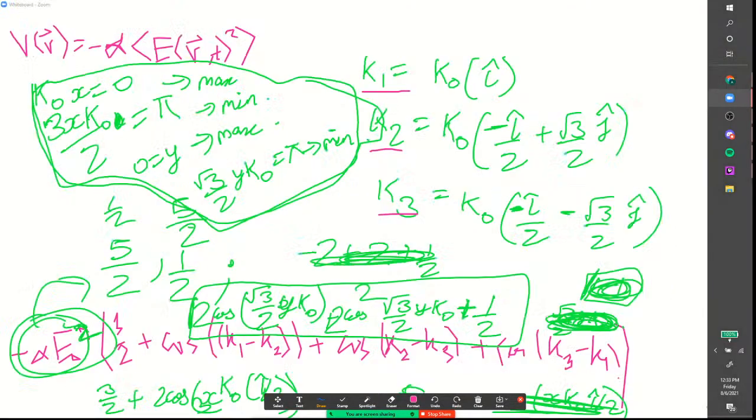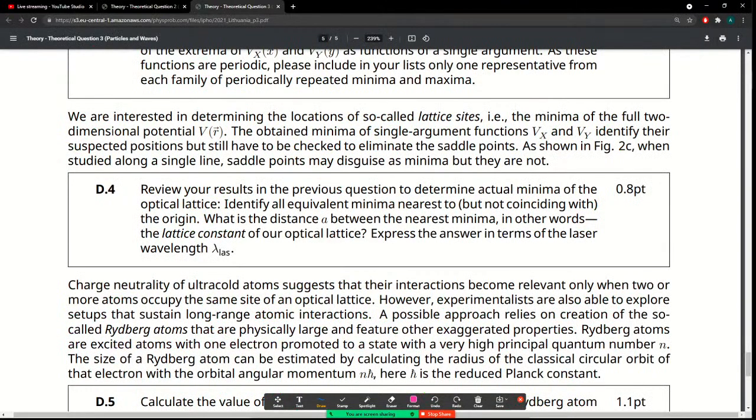We are interested in determining the locations of so-called lattice sites. That is the maxima of the full two-dimensional potential V of R. The obtained minima of the single argument functions Vx and Vy identify their suspected position, but we still have to check to eliminate the saddle points as shown in the figure 2c.